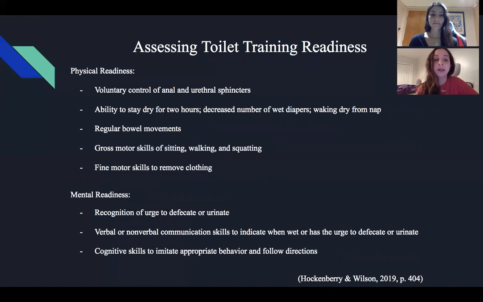So as a nurse, it's important to teach the parent how to know when their child is ready to be toilet trained.